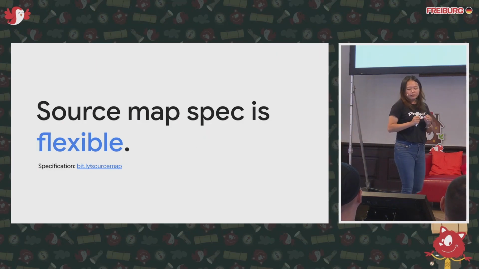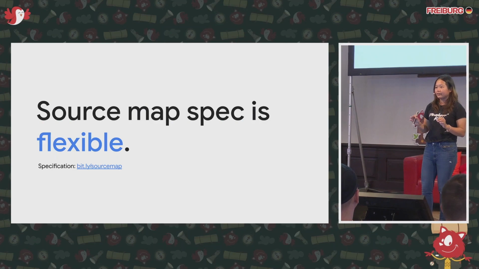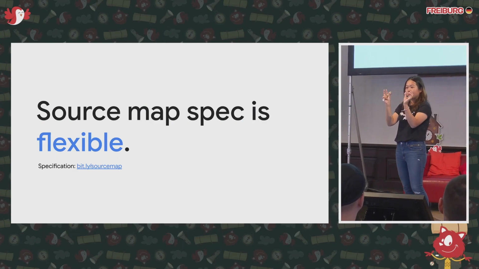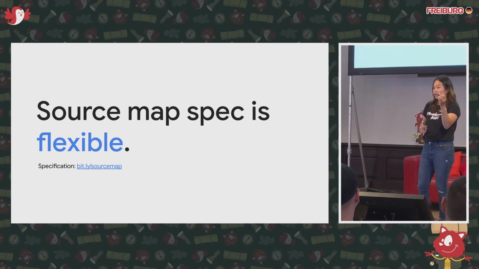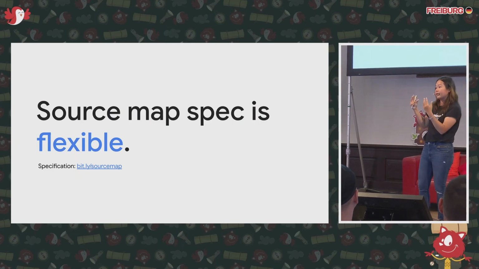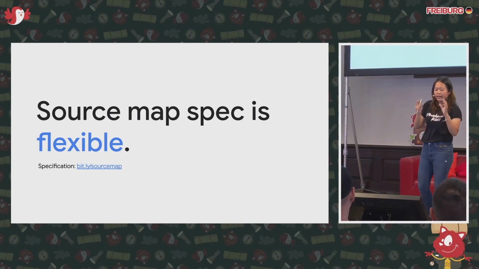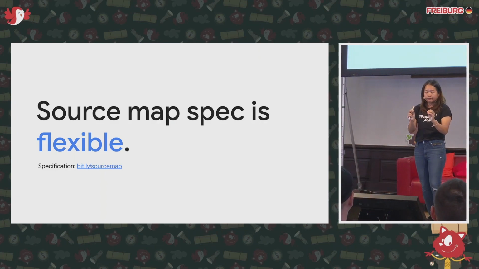And the source map spec is also very flexible. There are things that the spec did not define exactly, like how the mapping should happen, or if a variable got removed, whether you should include it somewhere so that tools can map it back. There is a lot of ambiguity in the spec.